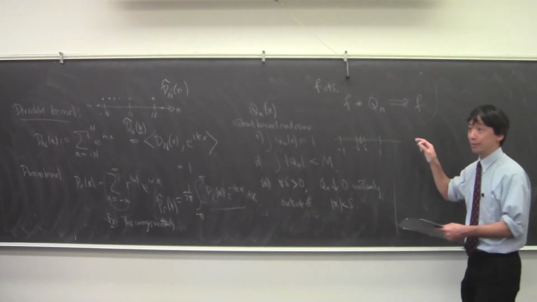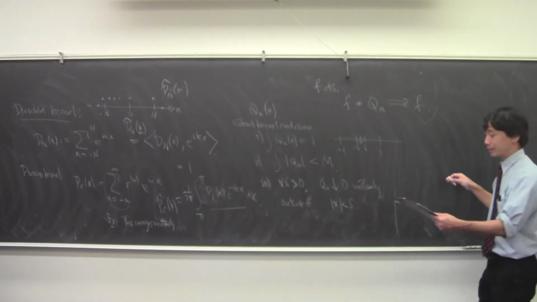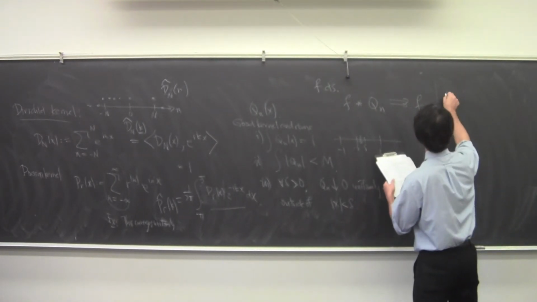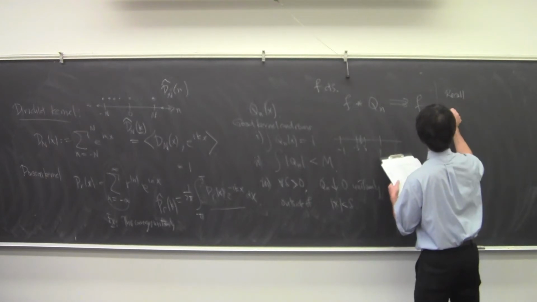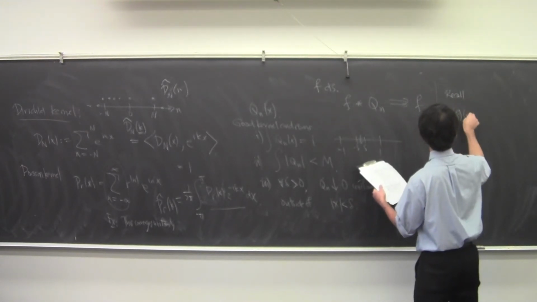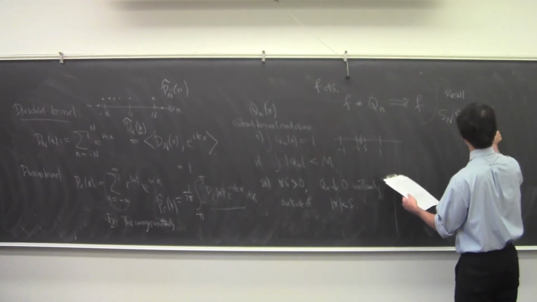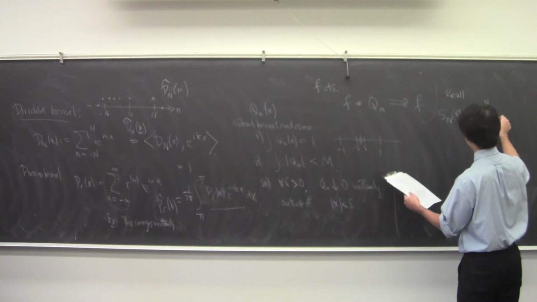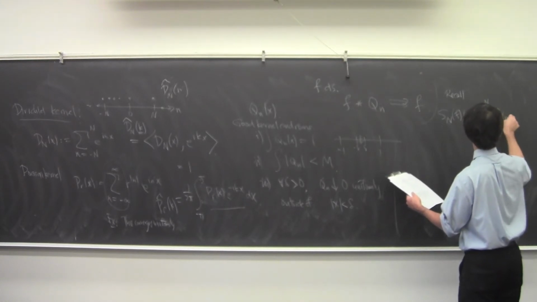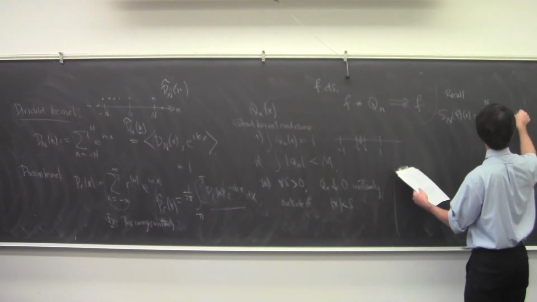So let me sketch out how the Dirichlet kernel plays into Fourier analysis. Recall that the partial sum was the sum from negative n to positive n of these guys, e to the inx.